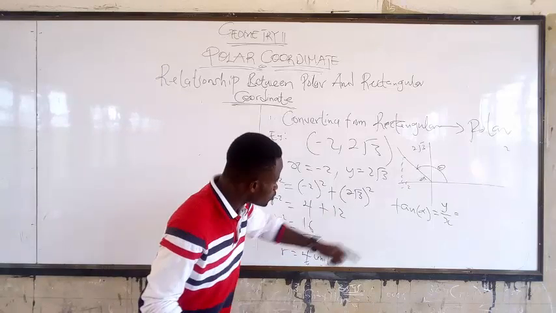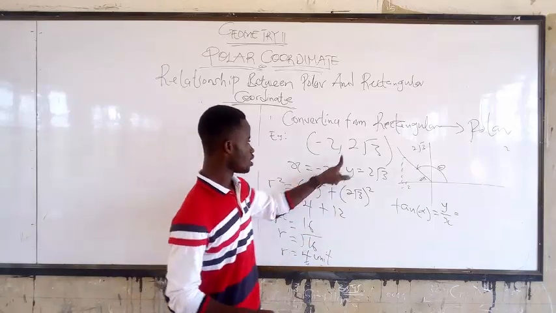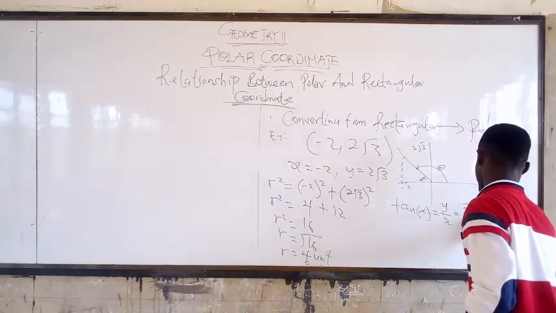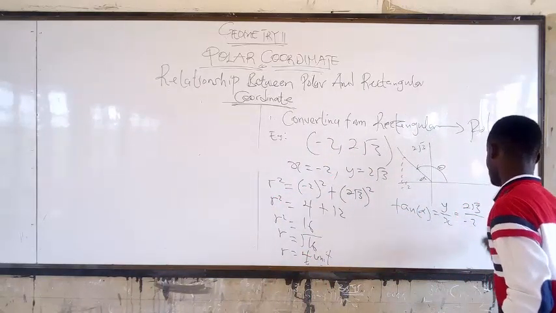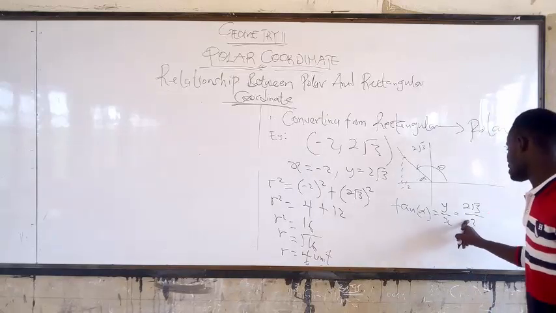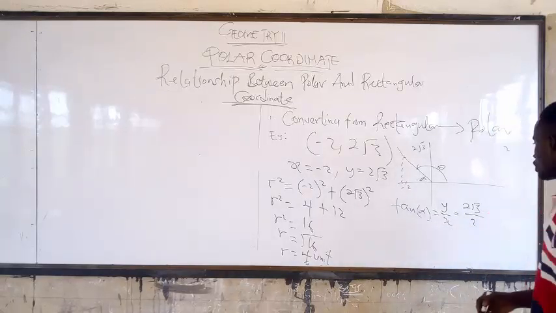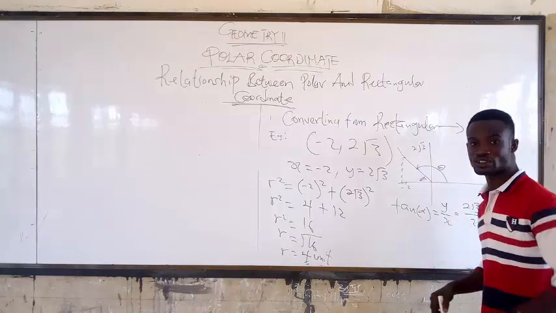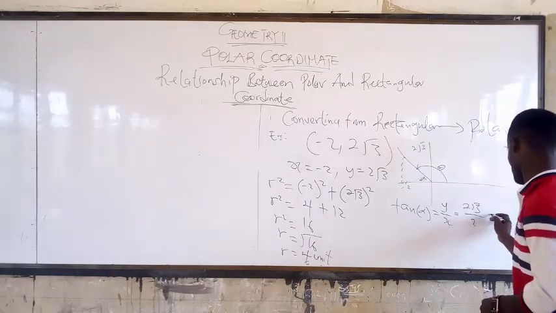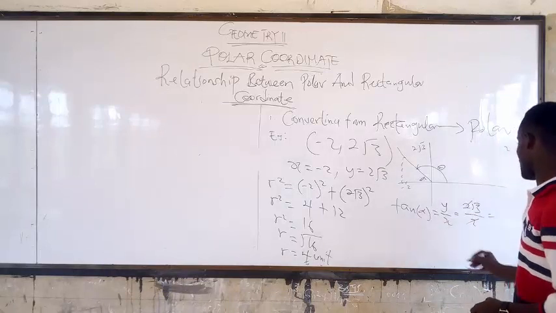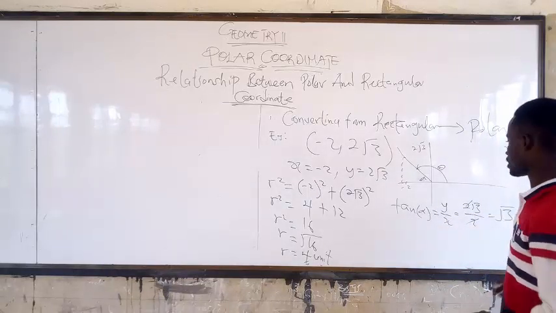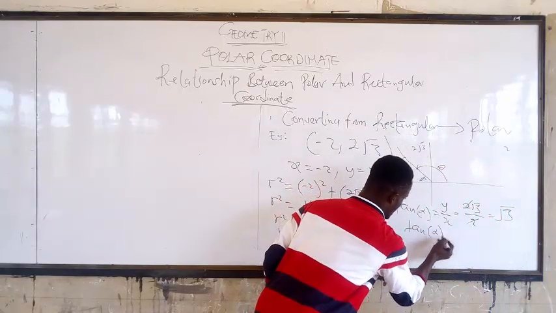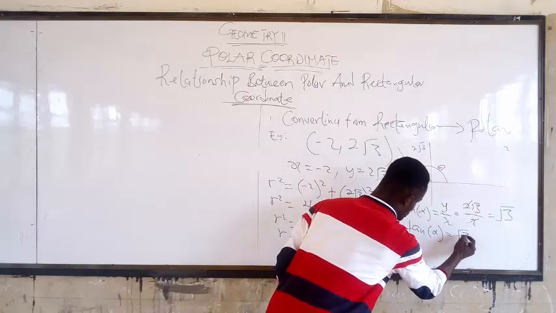Alright. So from here, we know our y is 2 root 3 over negative 2, right? So with this one, ignore the negative. So 2 root 3 over 2. In fact, always ignore the negative. And when you do this, 2 will cancel this 2, so you get root 3.